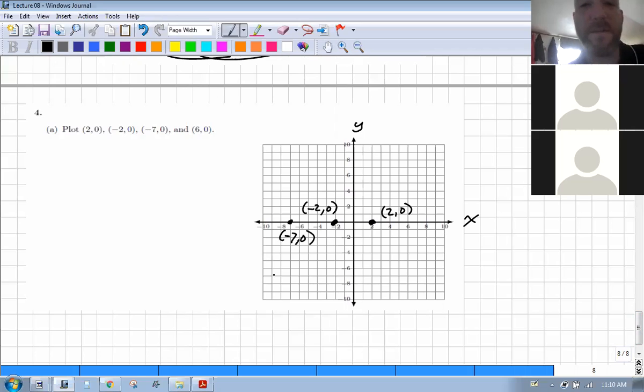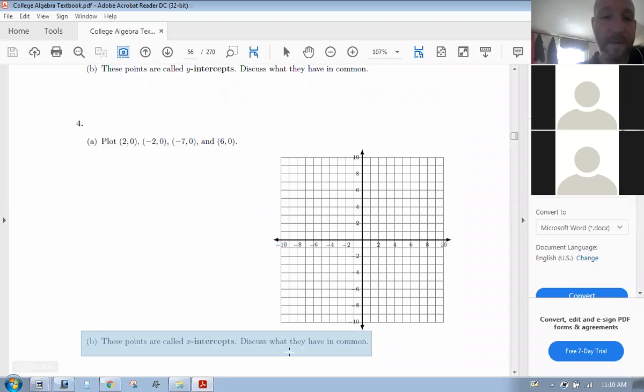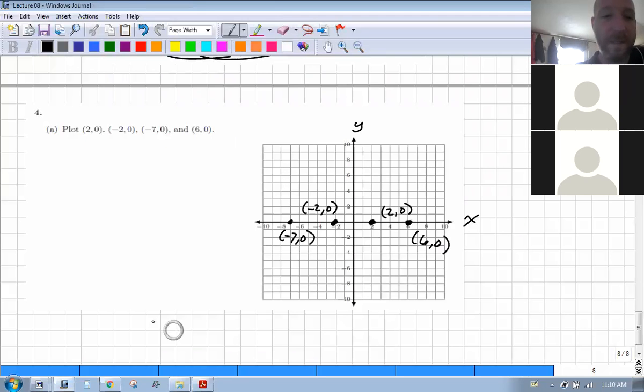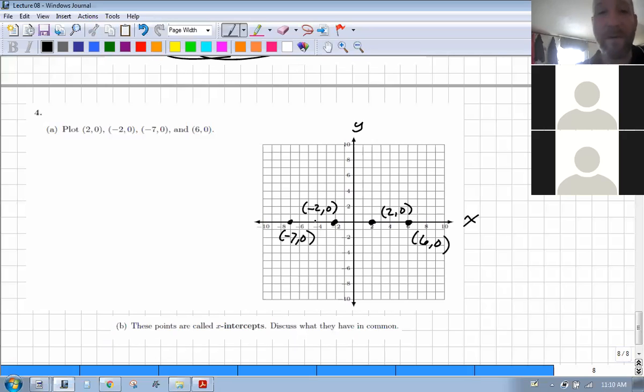Go to the left 7. Don't go up or down. And 6, 0. Go to the right 6. Don't go up or down. So since all of these lie on the x-axis, they are called x-intercepts. What do they have in common? Their y value is all 0.